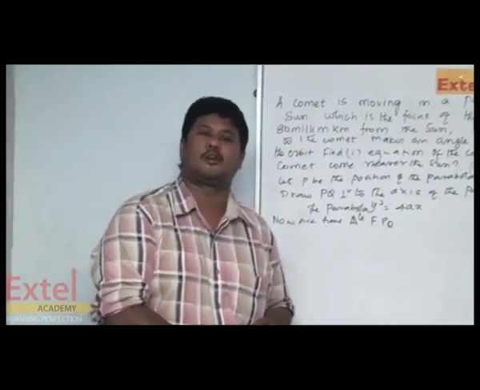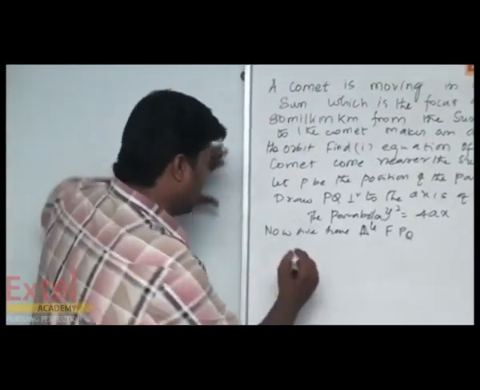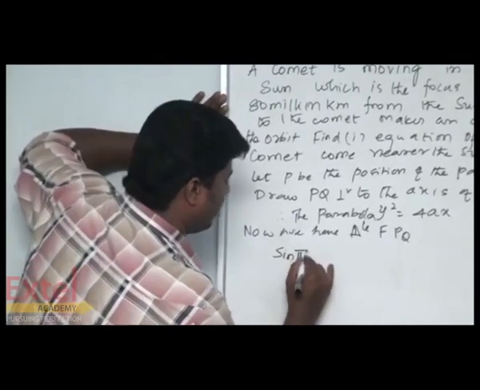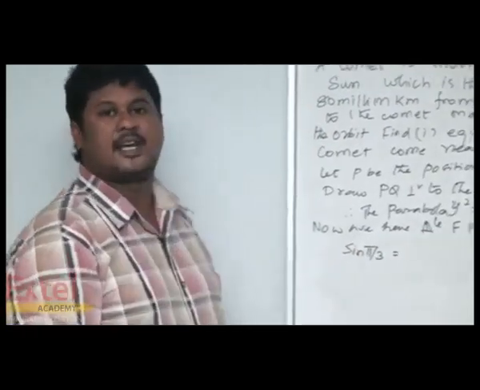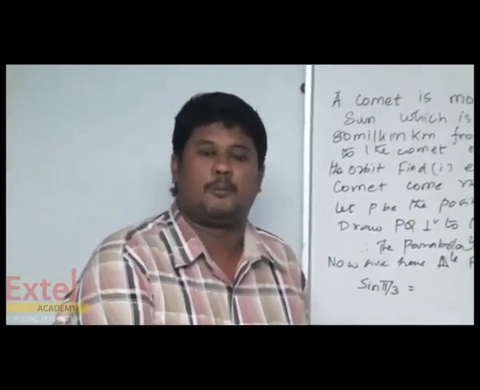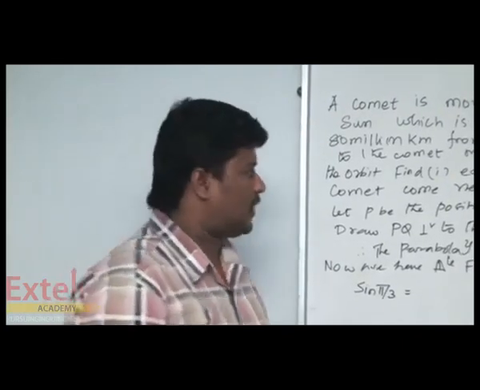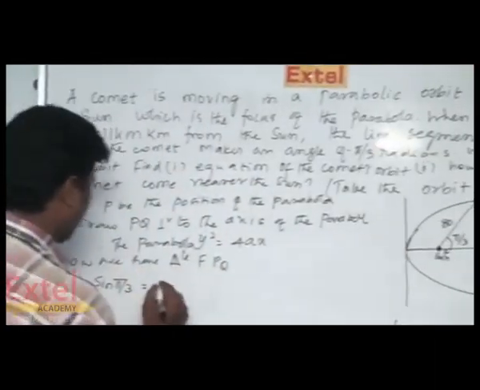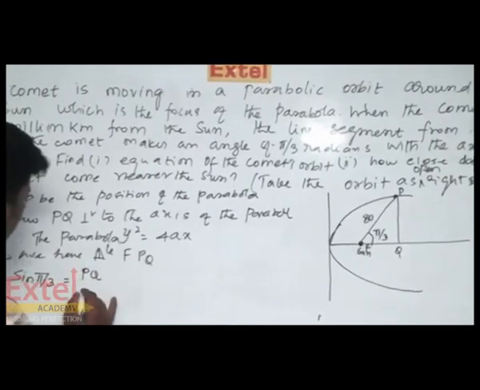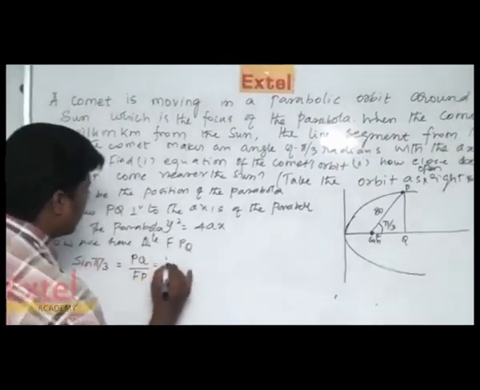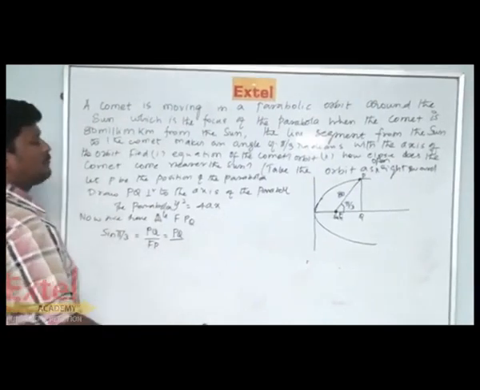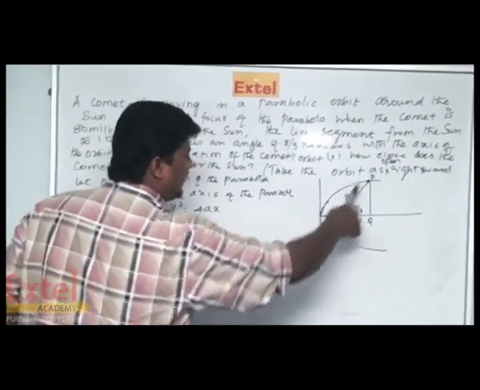From this I can find sin pi/3 and cos pi/3. Sin pi/3 is opposite side by hypotenuse. Your opposite side is PQ, and your hypotenuse is FP, which is equal to 80.